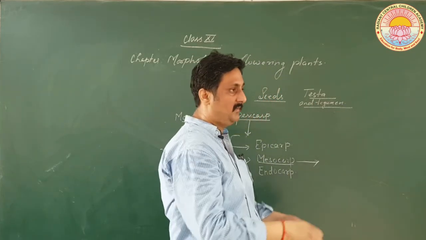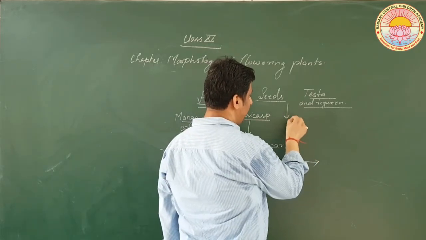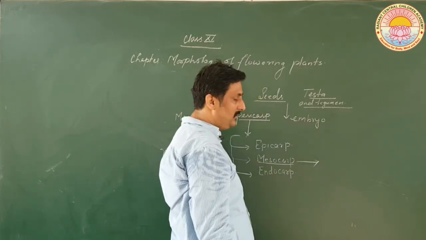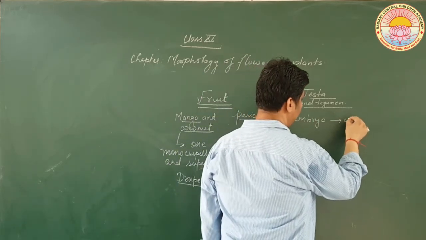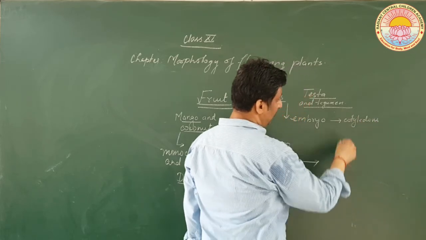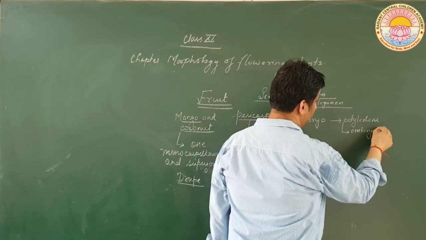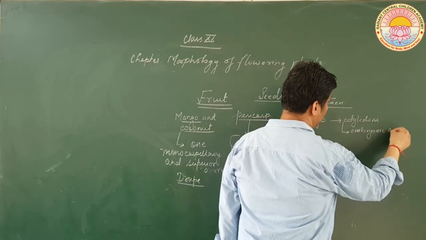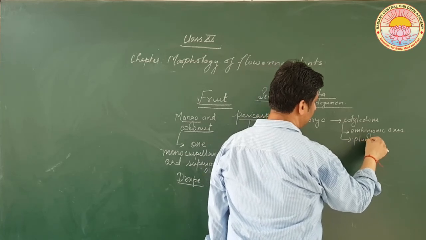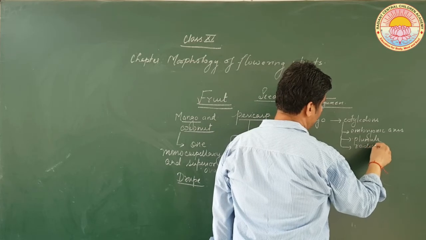Mainly the testa is the outermost seed coat, and the seed contains the embryo. The embryo consists of cotyledons as well as the embryonic axis. Besides that, it contains plumule and radicle.